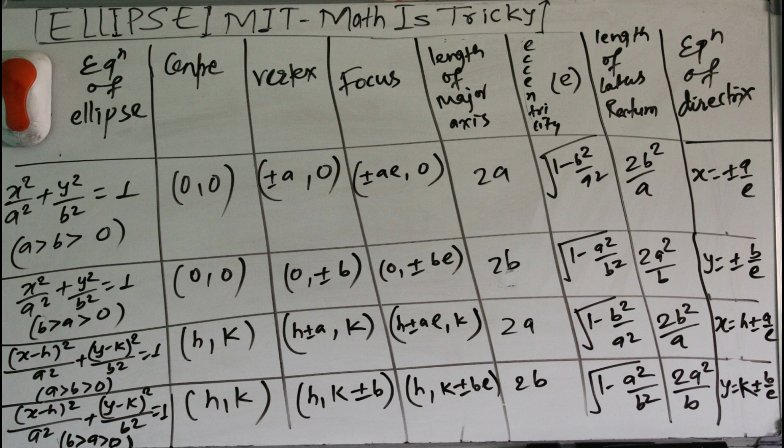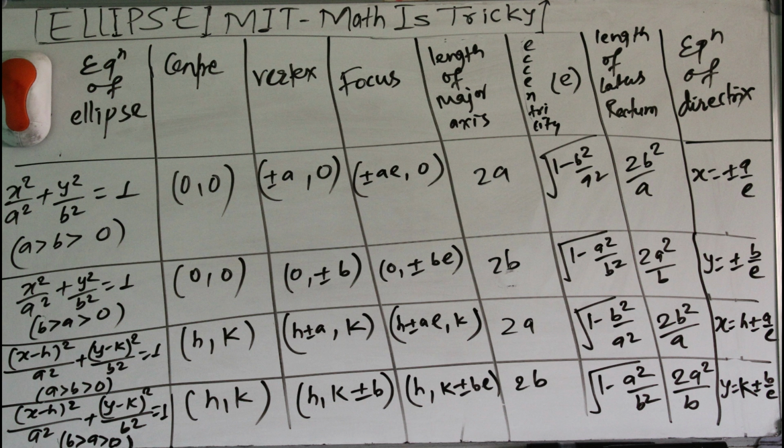Length of major axis will be 2a, eccentricity will be square root of 1 minus b square by a square. Remember this number should always be positive, so b square by a square, that means the greater number will always be in the denominator in case of ellipse. Now to find the length of latus rectum, we'll use the formula 2b square by a. The equation of directrix: there are two directrix, so directrix will be x equals plus minus a by e. By taking plus we get one, and by taking minus sign we get another equation of directrix.